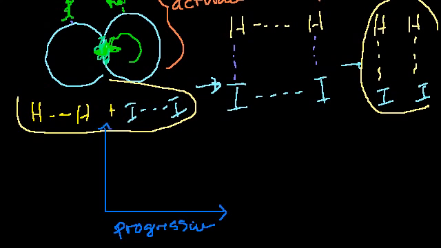So initially we're at this reality, and we can view it as the combined potential energy. So we start off here, and this is the H2 plus I2. And a lower potential energy is when we're in the hydrogen iodide. So this is the lower potential energy down here. This is the 2HI. Right?